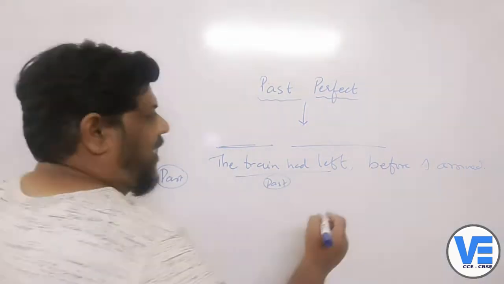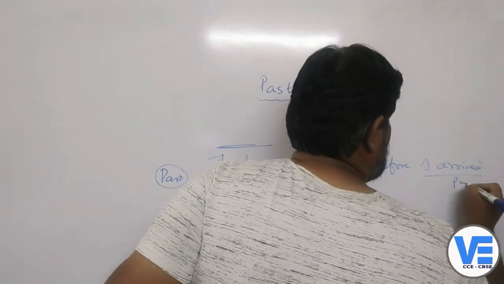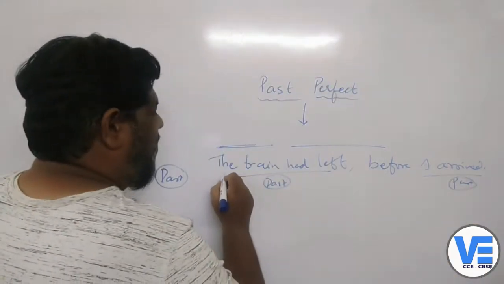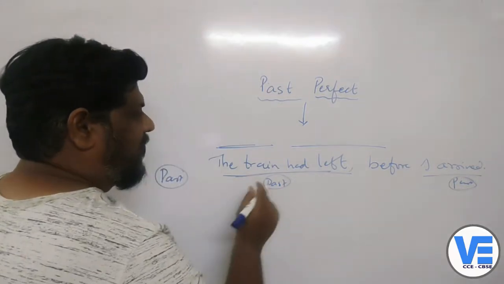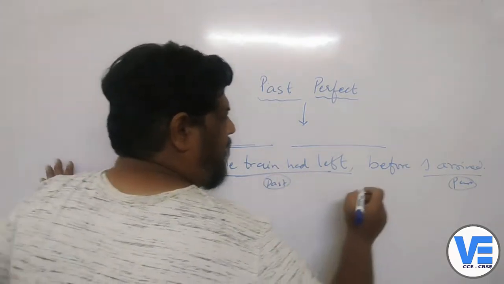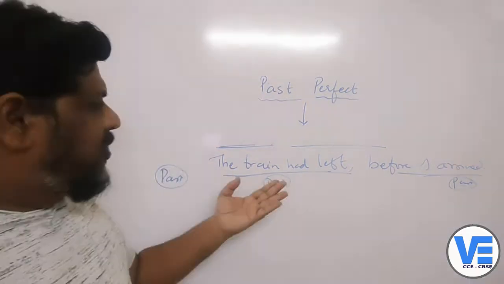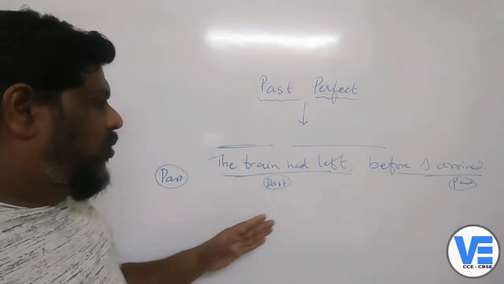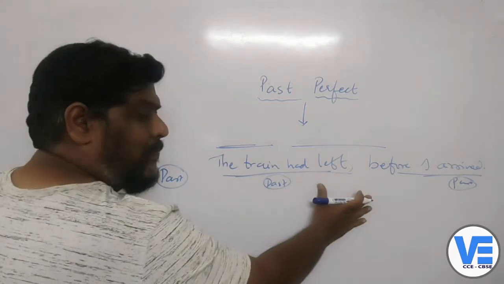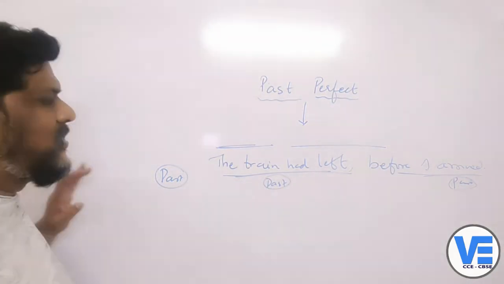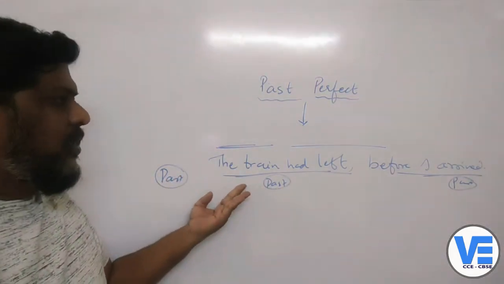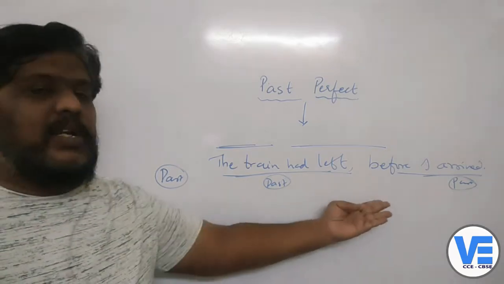That means even "I arrived" is also a past tense, right? So after this event has happened, now this situation has commenced. Basically this is already a past tense, but there are two events happening here.